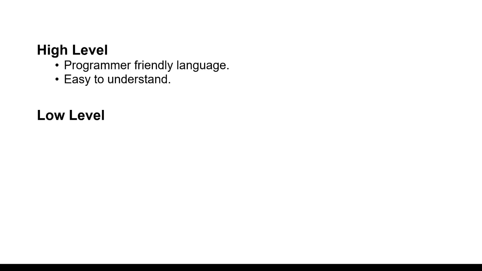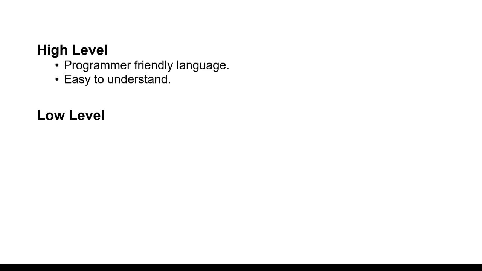Now, what is low level? If you see, our computer cannot understand this high level language. It means the computer cannot understand this basic English language. Computer can understand only bits, zeros and ones.